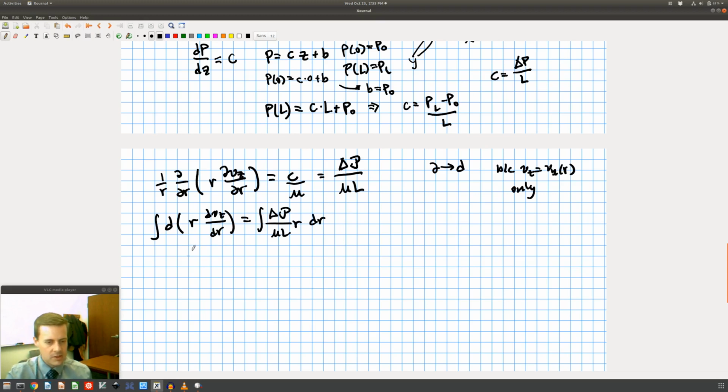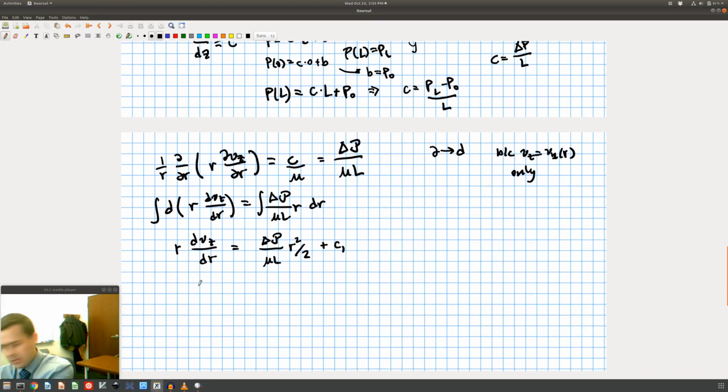This side, I'm just taking the derivative of that stuff in there, so this becomes r dVz/dr, and on this side I get r squared over 2. So I get delta p over mu L times r squared divided by 2 plus a constant. I'll just call that C1 for now.